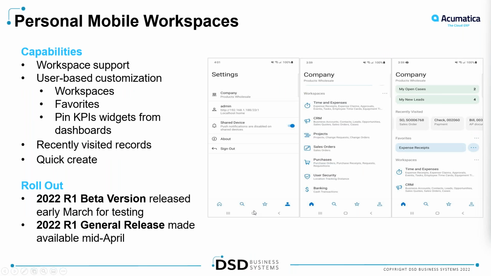The personal workspace within the mobile app has also been increased. So now you can have very specific settings where you could default your company, default your branch. You can have access to different modules, and you'll see the middle image there where that person's access has CRM, sales orders, banking.